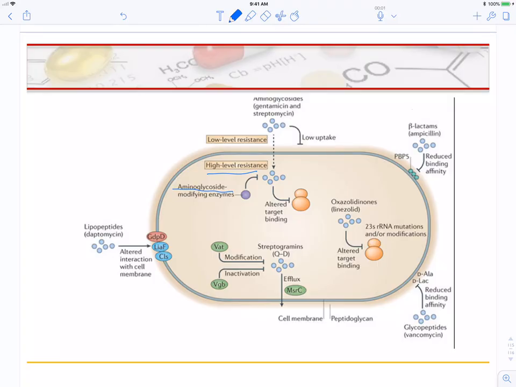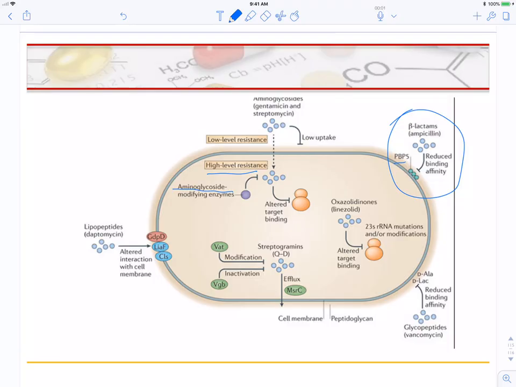We have already talked at length of mechanisms by which resistance emerges to beta-lactams, and besides the beta-lactamases, we simply have an increase in penicillin binding proteins that basically take up the penicillin and reduce the binding affinity to the target.